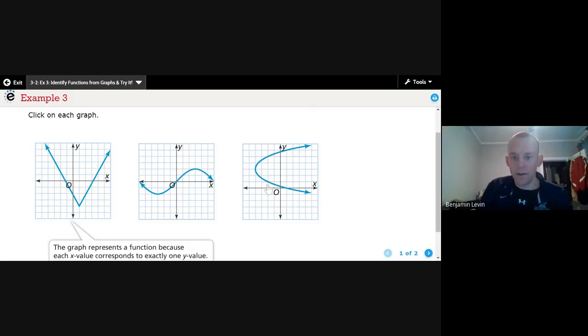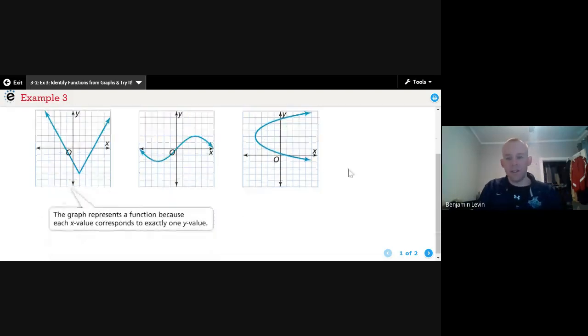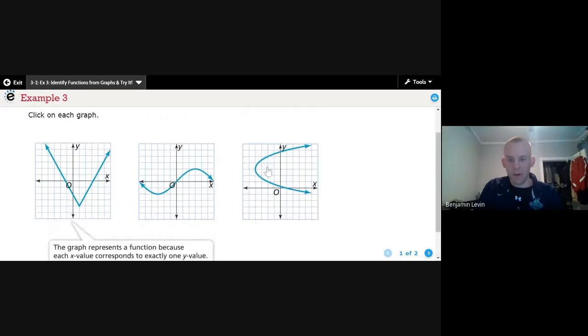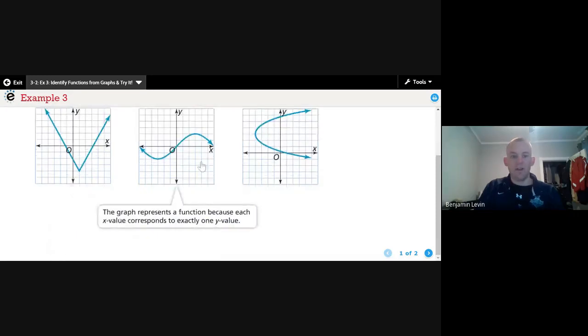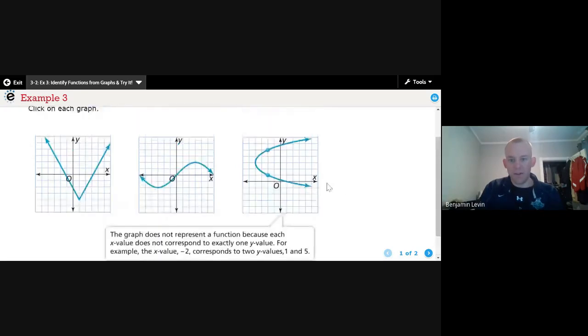I get 2 different values for the same input. So this is not a function. And you can see, if I use this vertical line right here, it crosses at 2 different places. Right? So you do not have a function. This one right here, obviously we said it was a function, and this one right here is not a function.